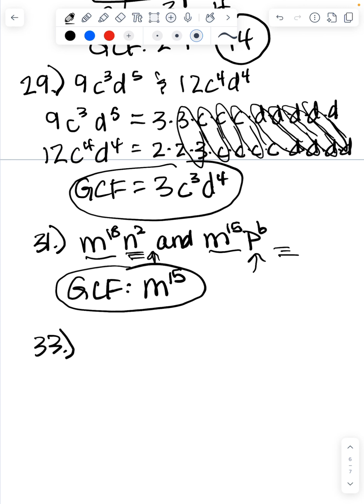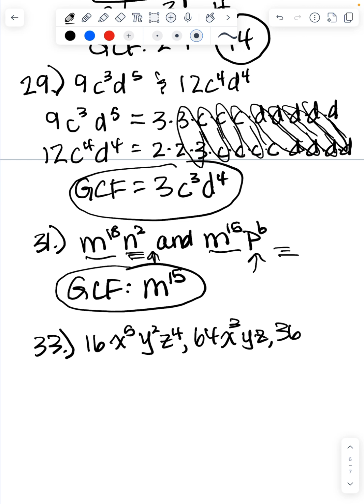Number 33. So we have 16 x to the 5th y squared z to the 4th. We have 64 x cubed yz. And then we have 36 x to the 5th y to the 7th.